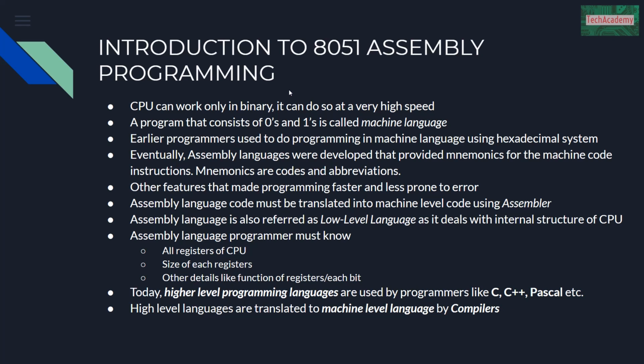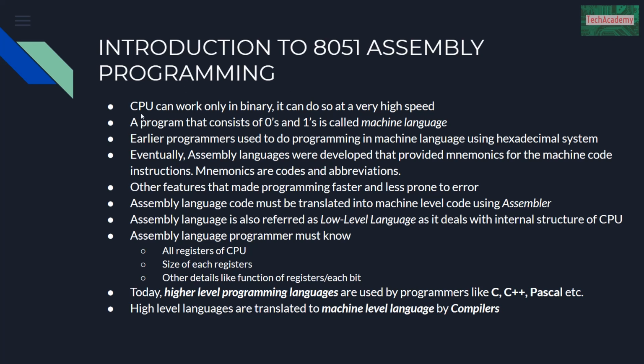Why not use C or any other higher level language? Definitely nowadays programmers are using high level languages only and not assembly language. But assembly language has its own advantage, and still today it is used in some applications where we want high speed execution. We cannot rely on assembly language programming entirely because it has its own disadvantages.